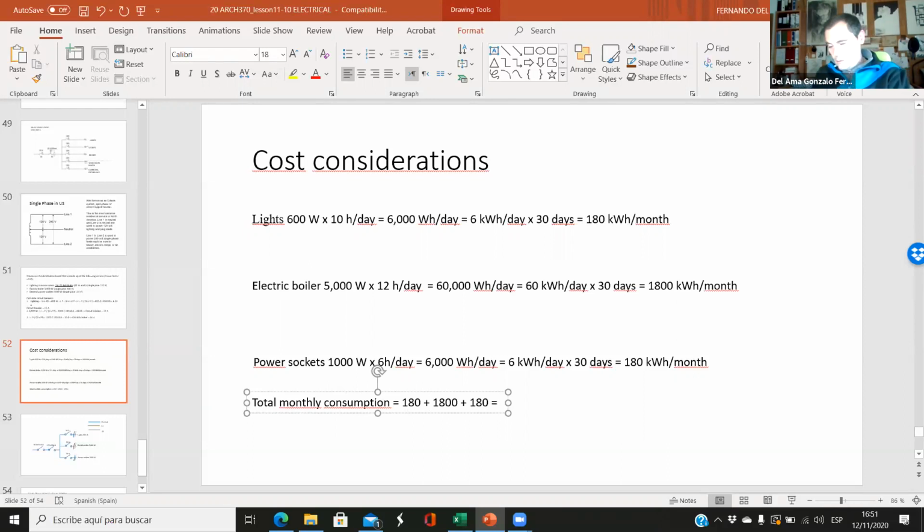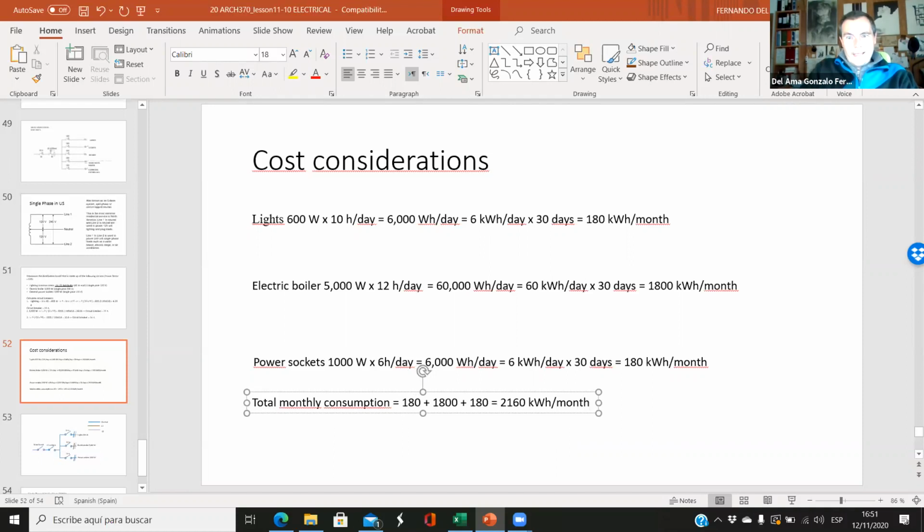So this is it. Plus 180 plus 1,800. 2,160 kilowatt hours per month.